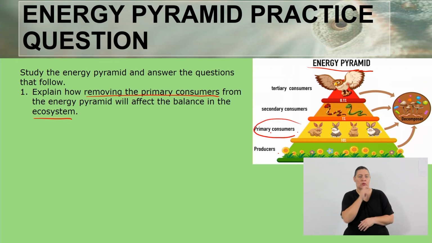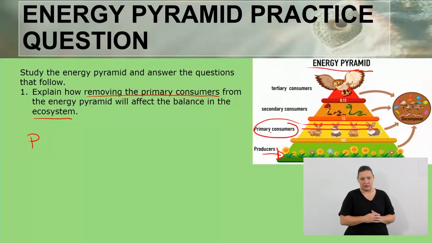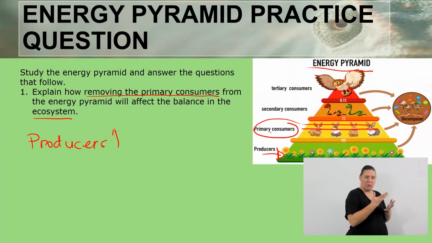So the question says, if we were to remove these primary consumers, then how will this affect the balance in this pyramid or in the ecosystem? So what will happen is that the producers will start to increase. So our producers will increase. Why? Because there are no organisms that are feeding on the producers, so they'll increase in number.